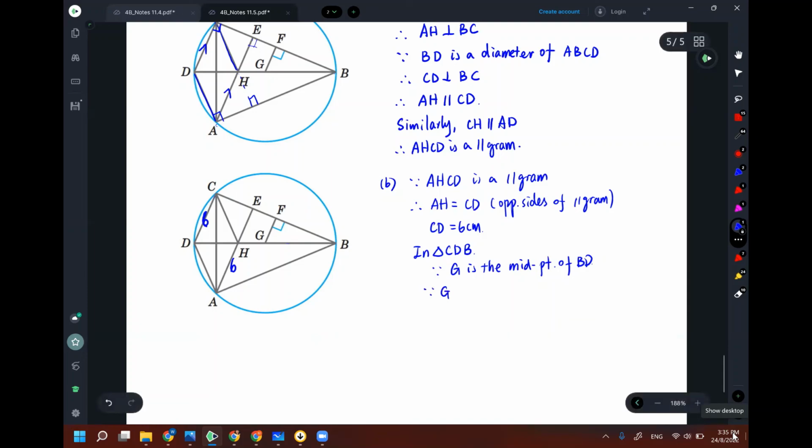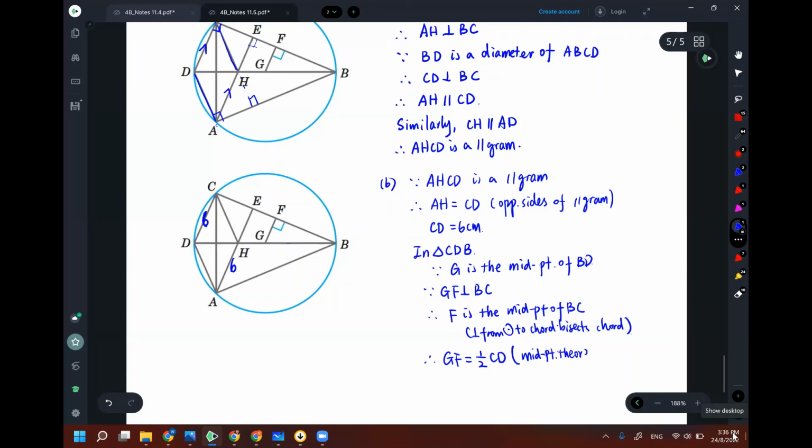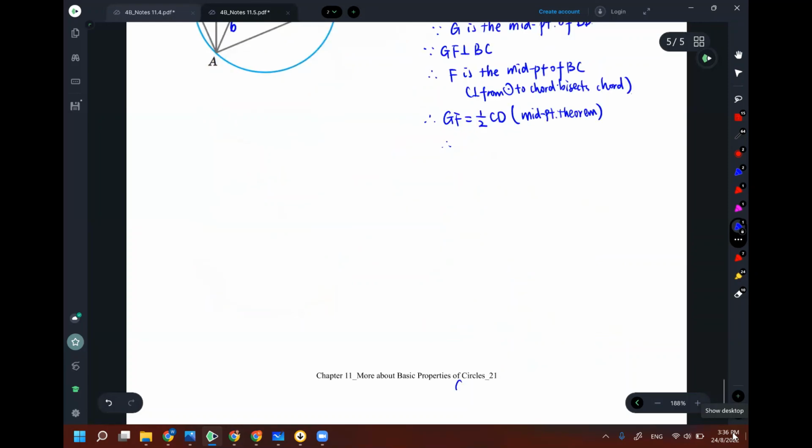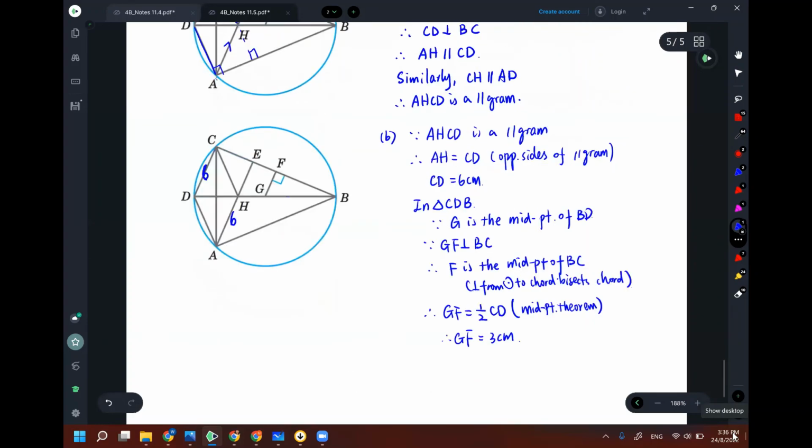Because GF is perpendicular to BC, therefore F is the midpoint of BC. Perpendicular from center to chord bisects chord. Therefore, GF is equal to 1/2 of CD. This one is old. Midpoint theorem in a triangle. Therefore, GF equals 3 cm. That's all.